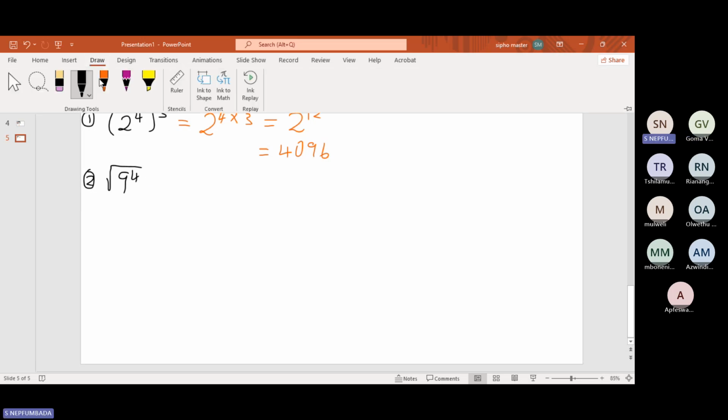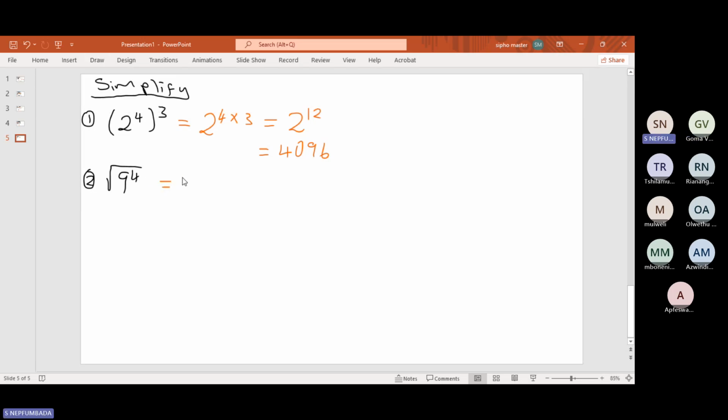This is the same as 9 to the power of 4 raised to the power 1 over 2, which is 9 to the power of 4 multiplied by 1 over 2. Then we get 9 to the power 2. When you say 9 to the power 2 on the calculator, what do you get? You get 81.